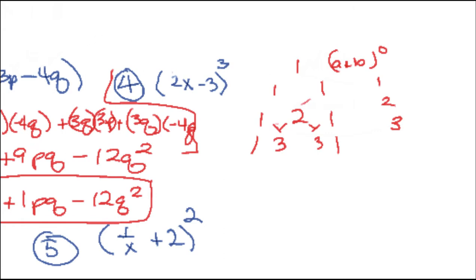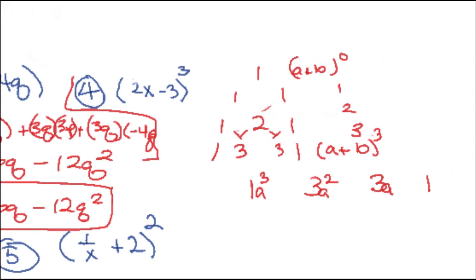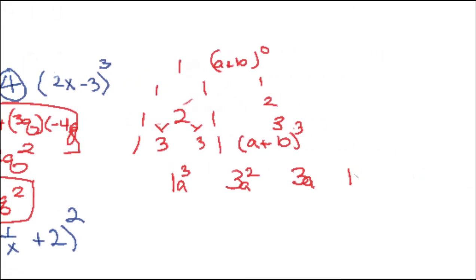Here we are back to the a plus b cubed, and if we were doing Pascal's triangle here, what would happen is we would start out with these coefficients 1, 3, 3, 1, and then you would put an a to the third power, work your way down until you got no more a's to give, a to the first, okay, and then move that one over a little bit, get a little bit more space in between, and then we have the b's to worry about.